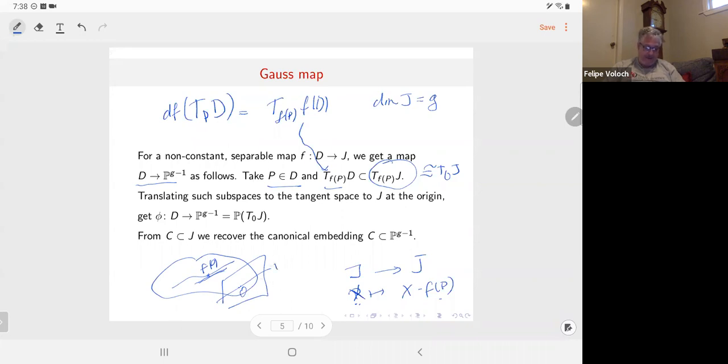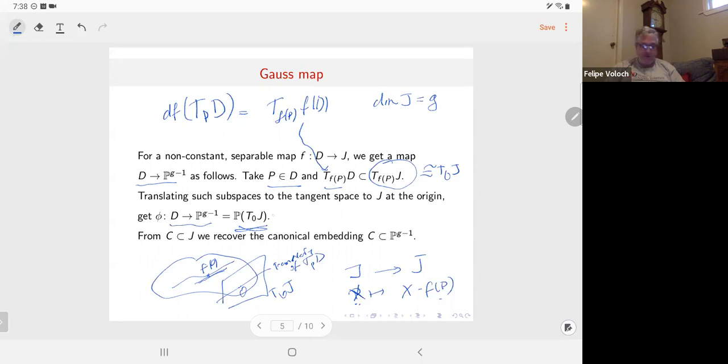So this is the translate of T_P D, if you like, and that lives in the tangent space of J at 0. So I can take the projectivization of everything, and this line becomes a point in the projectivization of this vector space. So I get a map from D to P^(g-1).